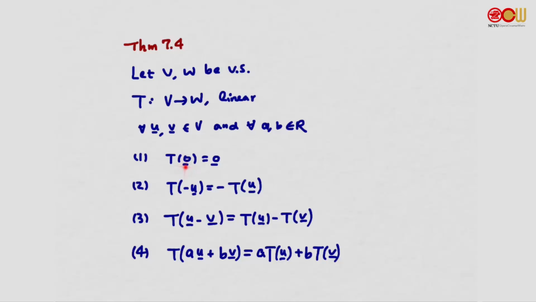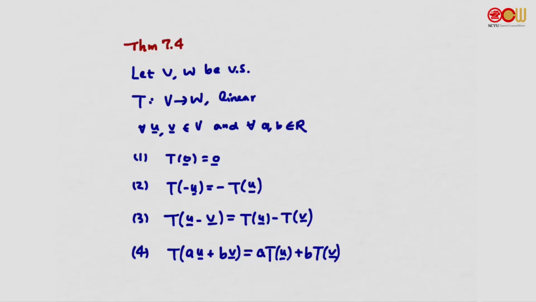The image of the zero vector in V is the zero vector in W, and the image of the additive inverse of u is the additive inverse of the image of u.